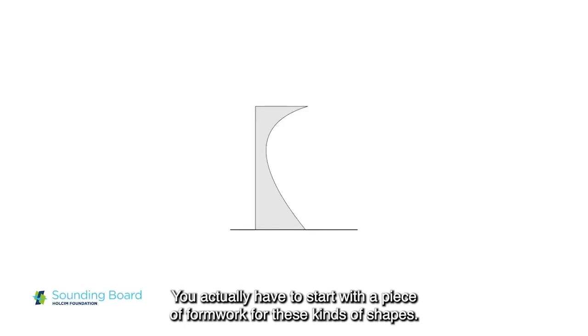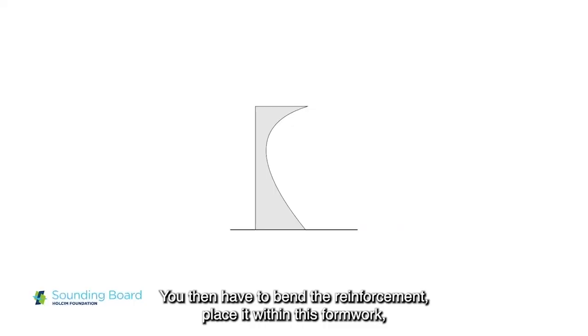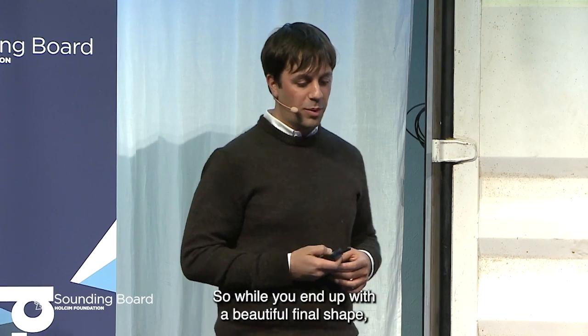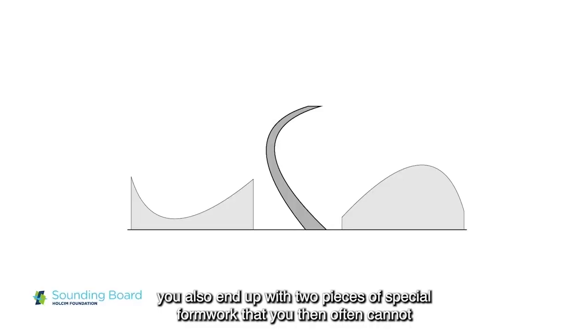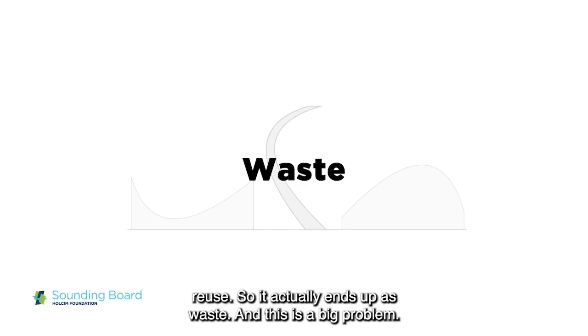For these kind of shapes, these are often custom-made elements. You then have to bend the reinforcement, place it within this formwork, add another piece of formwork before you can actually cast the concrete. So while you end up with a beautiful final shape, you also end up with two pieces of special formwork that you then often cannot reuse. So it actually ends up as waste. And this is a big problem.